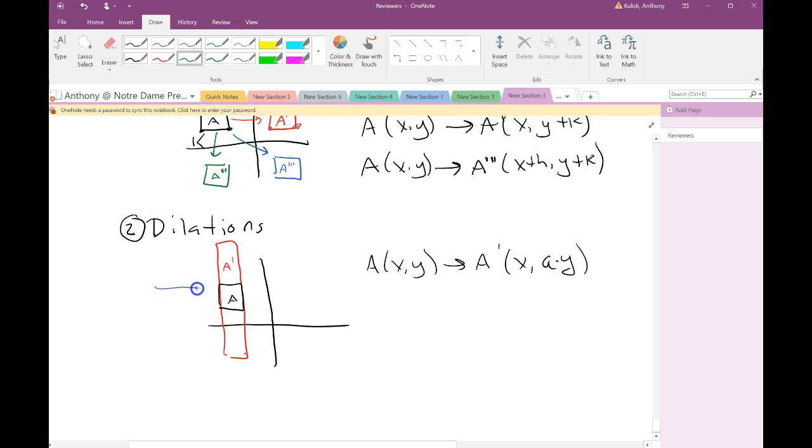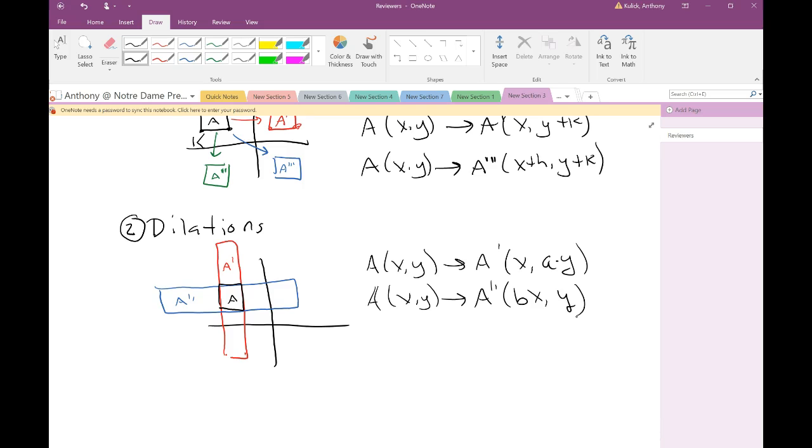You could also dilate in the horizontal direction. If you're moving things horizontally, you're going to be changing your x-coordinates. So if I dilate horizontally, I'd multiply or dilate by a factor of b.